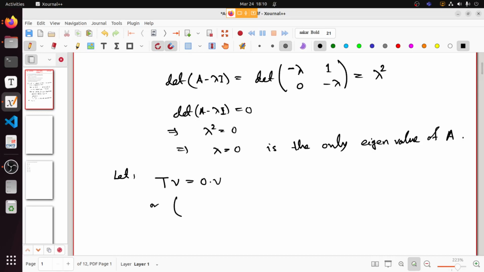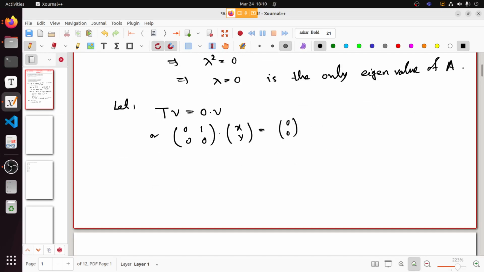Take 0 1 0 0 times x y, then it will become 0 0, right? So what will you get? You will get y and 0 equals 0 0, which implies y equals 0, right?